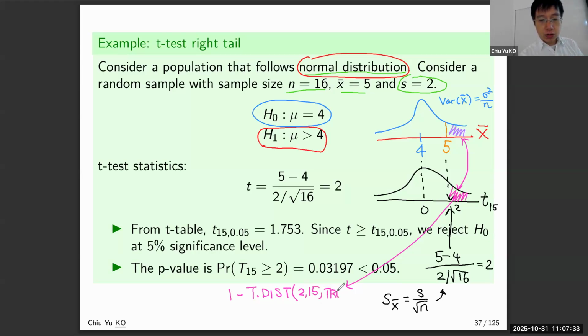This will be equal to 3%, and 3% is far enough away, because it's less than 5%. So we will take H1 and say no to the null.